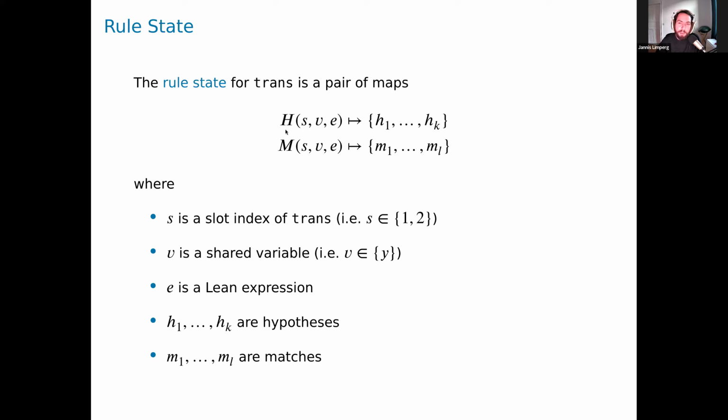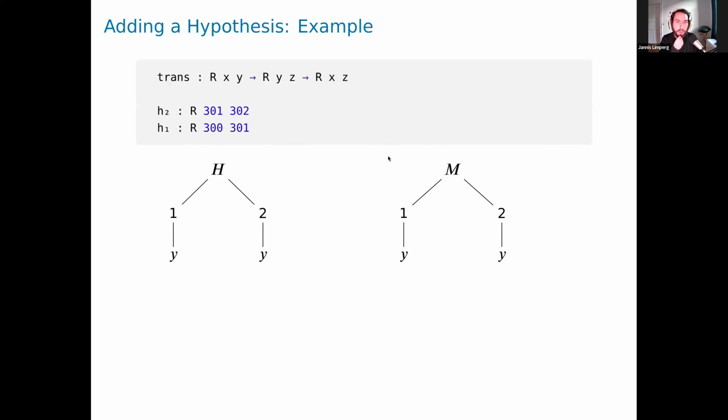And the hypothesis map then maps to sets of hypotheses. The match map maps to sets of matches. And so what this is for will become clear now, hopefully, when we look at an example of how a hypothesis is added to the state. So we have the usual running example, and we add two hypotheses. For the sake of the example, I've switched them, so I'll consider H2 first.